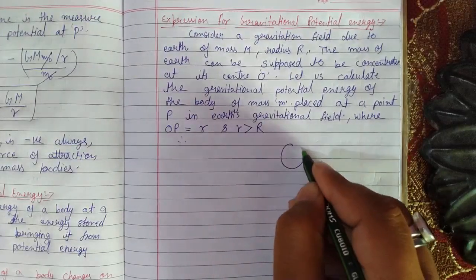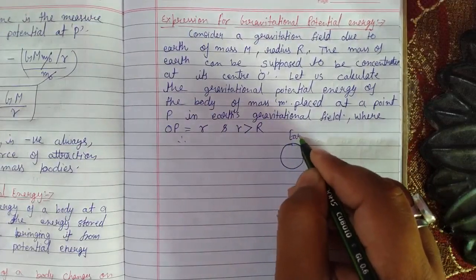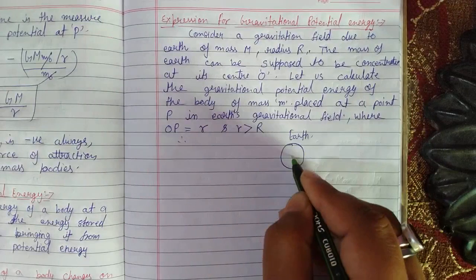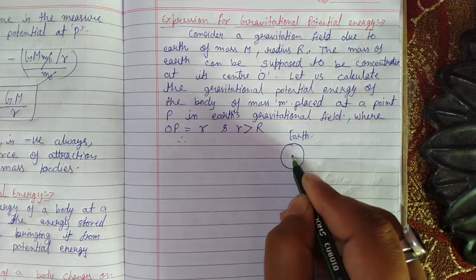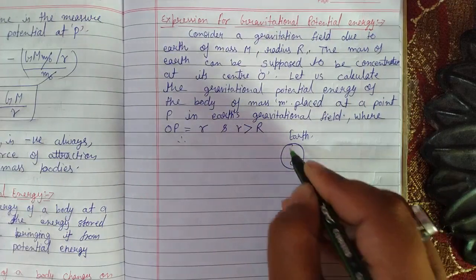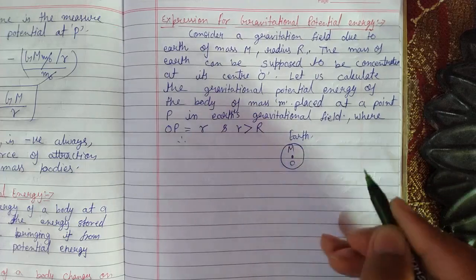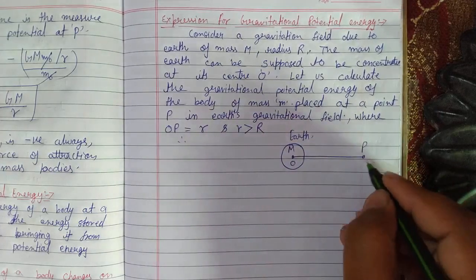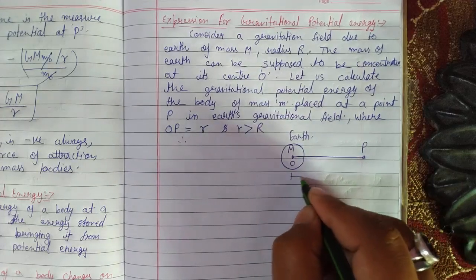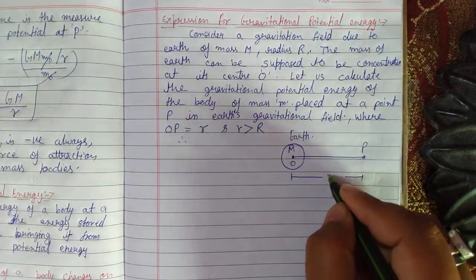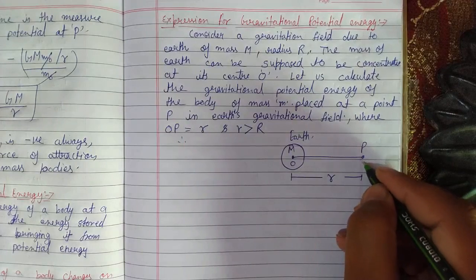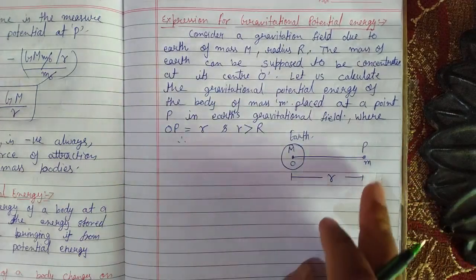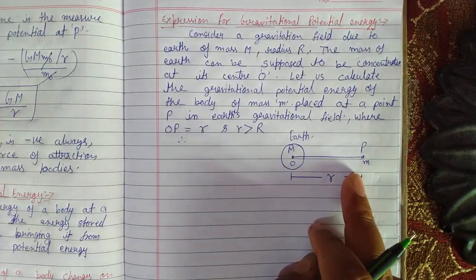Now let's say this is Earth having its center of gravity, center O, of mass M. From its center is a point P where we need to calculate the gravitational potential energy.